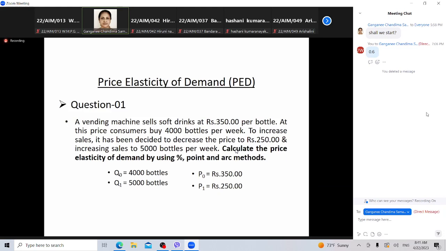Otherwise, find the delta Q, find the delta P, change of Q, change of P, multiplied by initial P, initial Q. So all informations are given. Didn't come 33 answers yet.